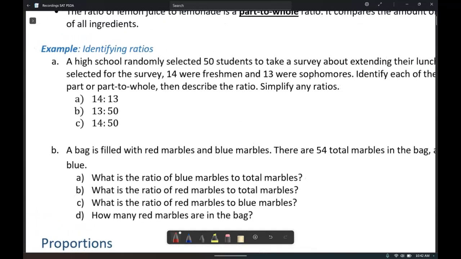Well, 14 to 13 represents the freshmen and the sophomores. So part of the student body were freshmen, and part of the student body were sophomores. So 14 to 13 represents the number of freshmen compared to sophomores.